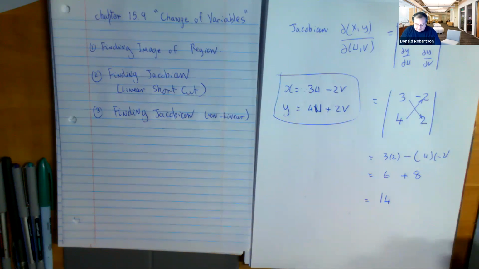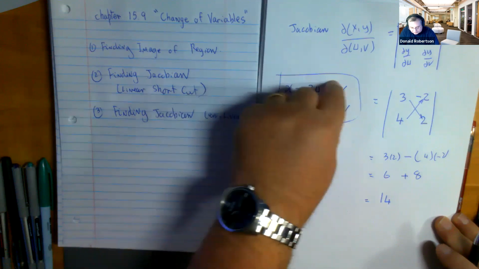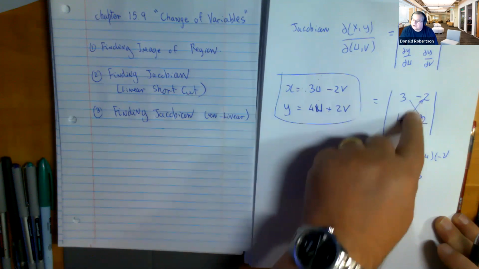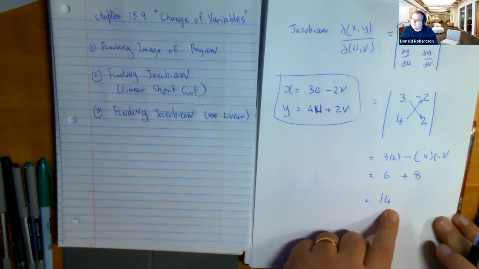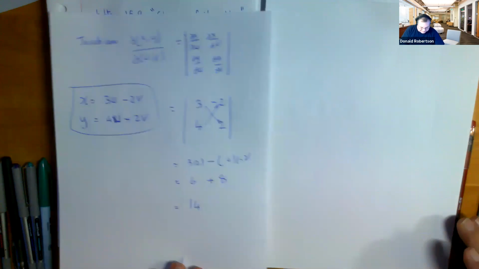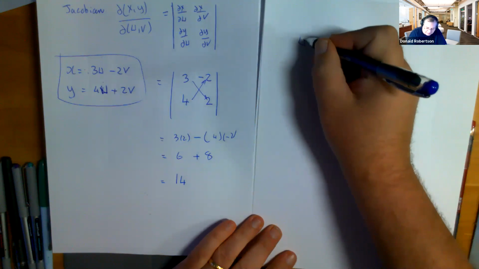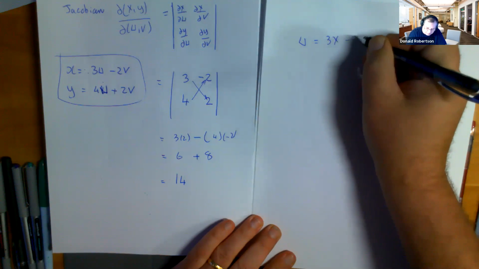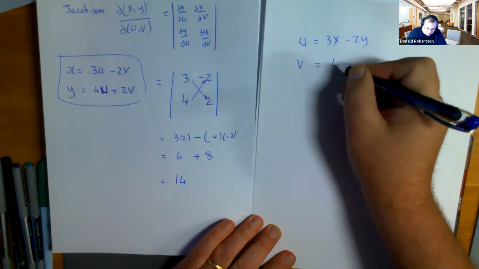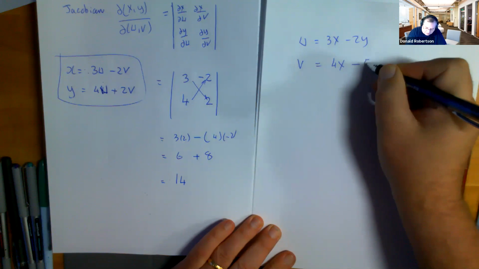Right. Now, if you are given the information this way around, isn't this pretty straightforward to get a Jacobian? But this is more realistic.